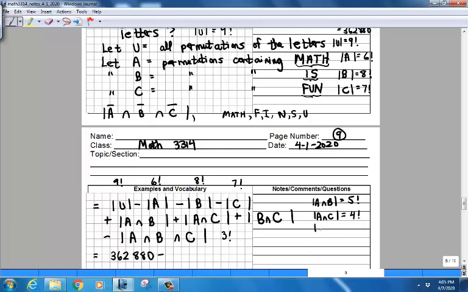And then finally, what about the last one here, B intersect C? Well, using exactly the same logic, this turns out to be, I think, what does that turn out to? Did I do that right? Oh no, B intersect C. So this turns out to be 5 factorial again? No, is that right?